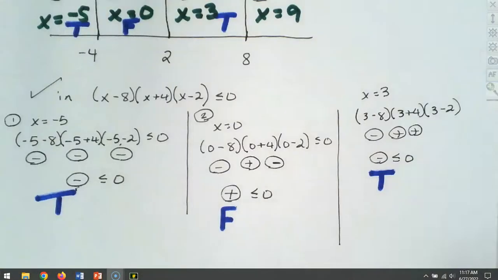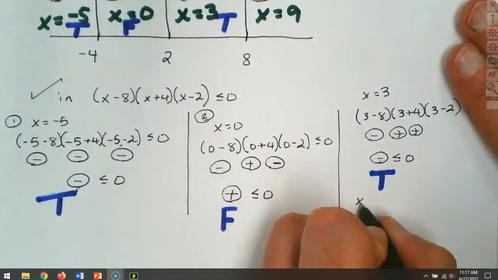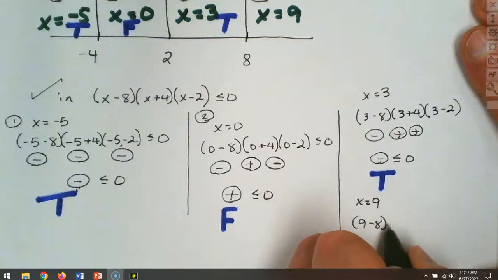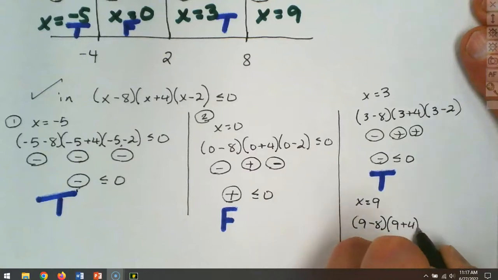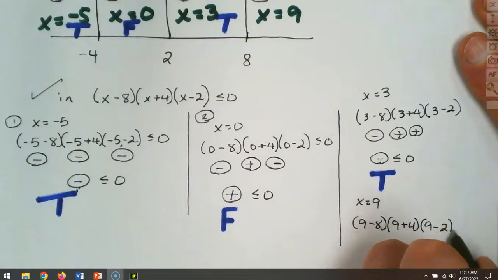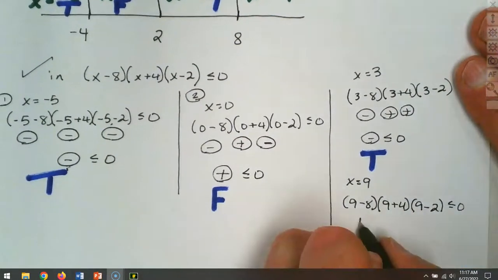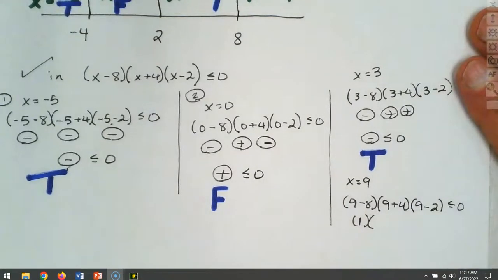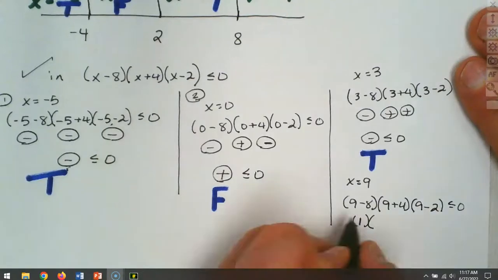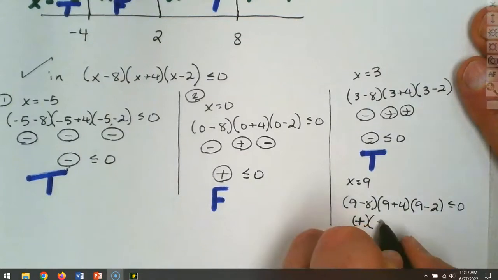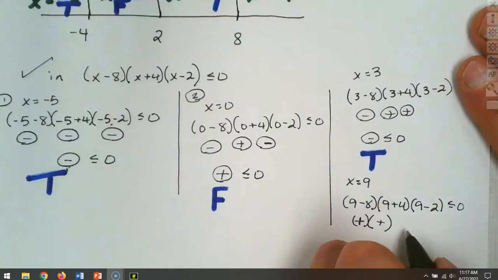And one more, we'll pick the 9. When we pick the 9, we've got 9 minus 8, 9 plus 4, and 9 minus 2. 9 minus 8 is 1. 9 plus 4, and we don't even care about the number, all we care about is the plus. 9 plus 4, positive. 9 minus 2, positive.